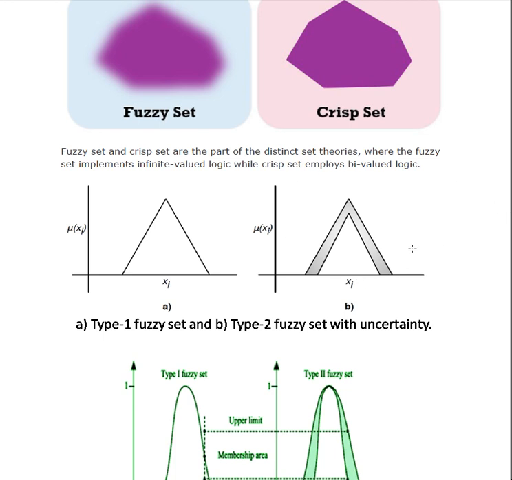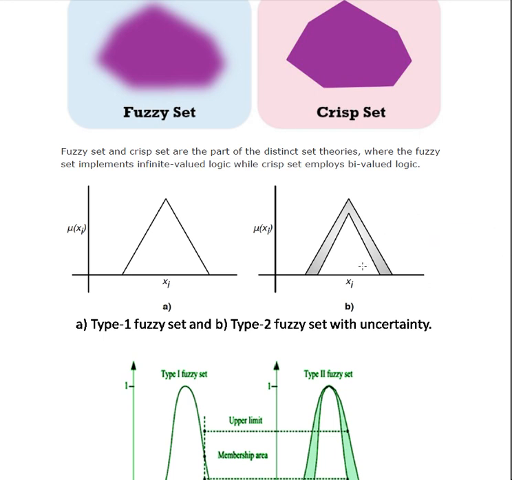A type 2 fuzzy set incorporates all the uncertainty about the membership functions of the type 1 fuzzy set, and thereby the criticism of the type 1 fuzzy set was tried to be resolved in the type 2 fuzzy set.